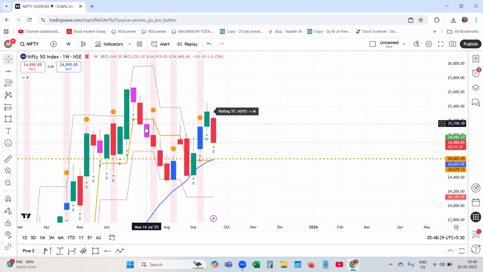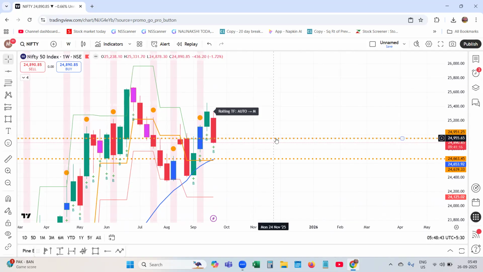Because it has stepped down and it is a pop-up. And price had climbed above the R1 and now it is coming back to this pivot.